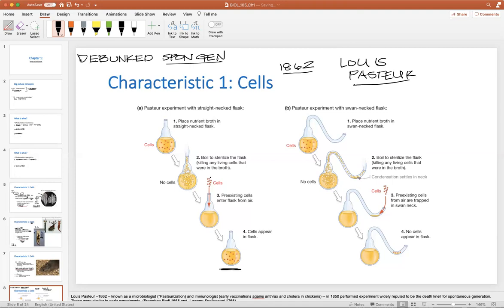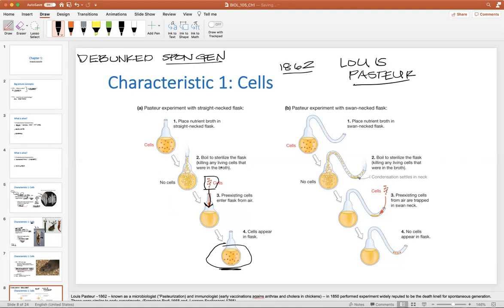But based off of the work of some previous scientists, Pasteur knew that the likelihood was that whatever cells were in here were the result of air transport. So there must have been some bacteria in the air here that, because this flask was open to the air, it could get down in here and cause these to grow.